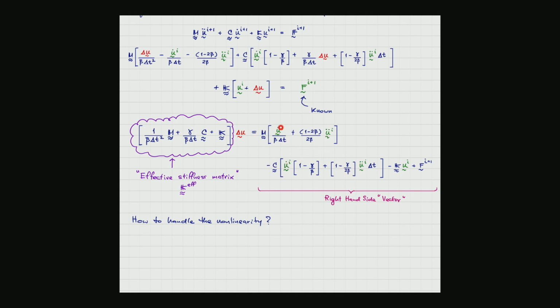So the right hand side adds up to just one vector, a one-dimensional array, whereas the left-hand side is a matrix. What does this matrix contain? Whatever is multiplied by the delta u. First of all, the stiffness k. This describes the structure, and if we are talking about a linear problem, then k will not change.